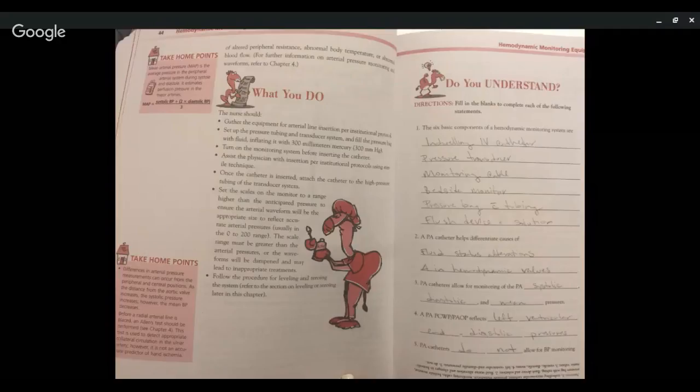PCWP reflects left ventricular end diastolic pressures. PA catheters do not allow for blood pressure monitoring because it's occluding the blood flow to the heart.